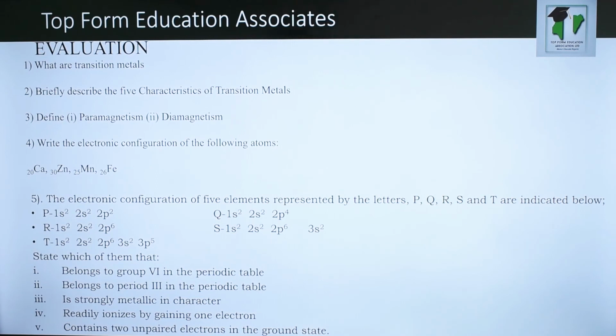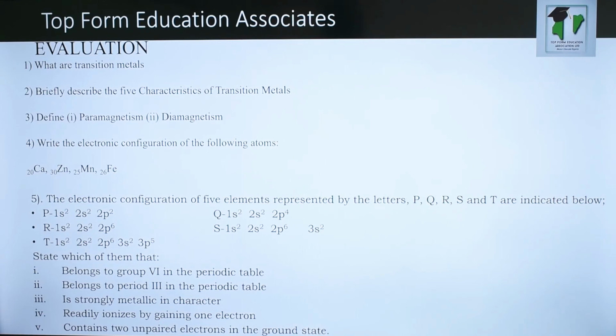Now let's solve it together. Number 1. What are transition metals? Transition metals are elements that fall in between group 2 and group 3 of the periodic table. Paramagnetism is the property of a substance whereby it is attracted into a magnetic field due to the presence of unpaired electrons.